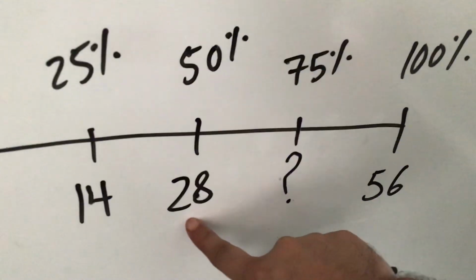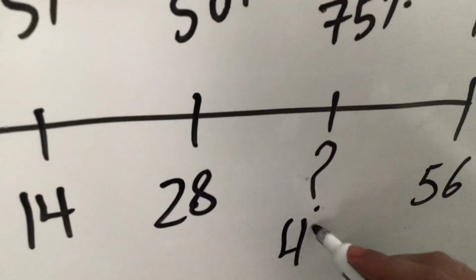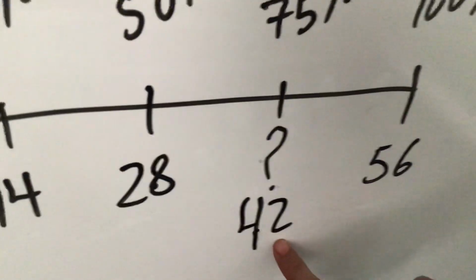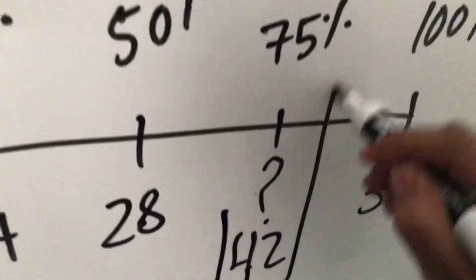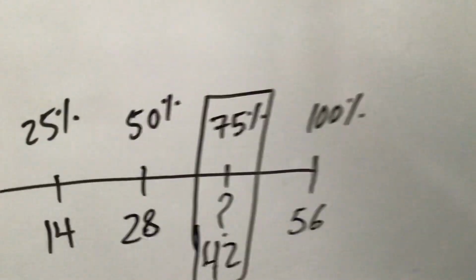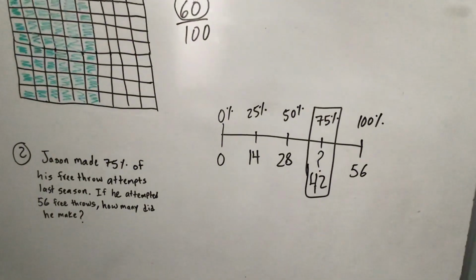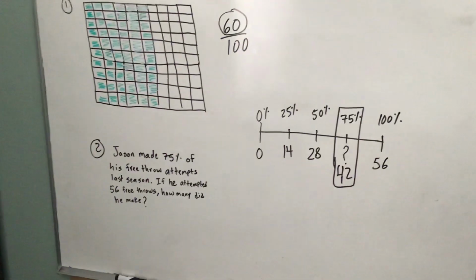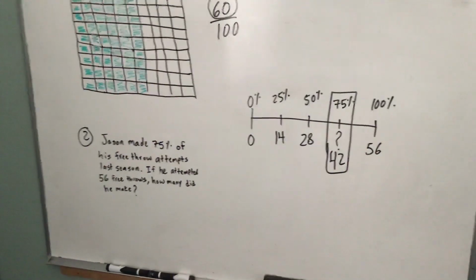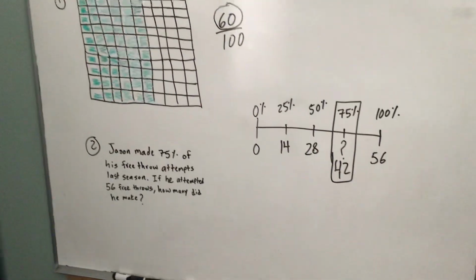So we just continue the pattern. 28 plus 14, that will give you 42. 42 plus 14, that'll give you 56. So 75% of the free throws equals 42 of the 56. And that will be the answer. So if he attempted 56 free throws, how many did he make? Well, the answer will be 42 free throws.